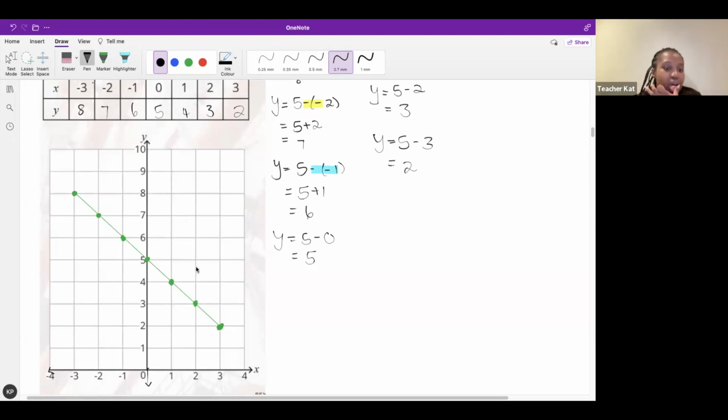Okay, so this is a linear or straight line graph. In other words, a straight line graph. Would you guys say this graph is increasing or decreasing?